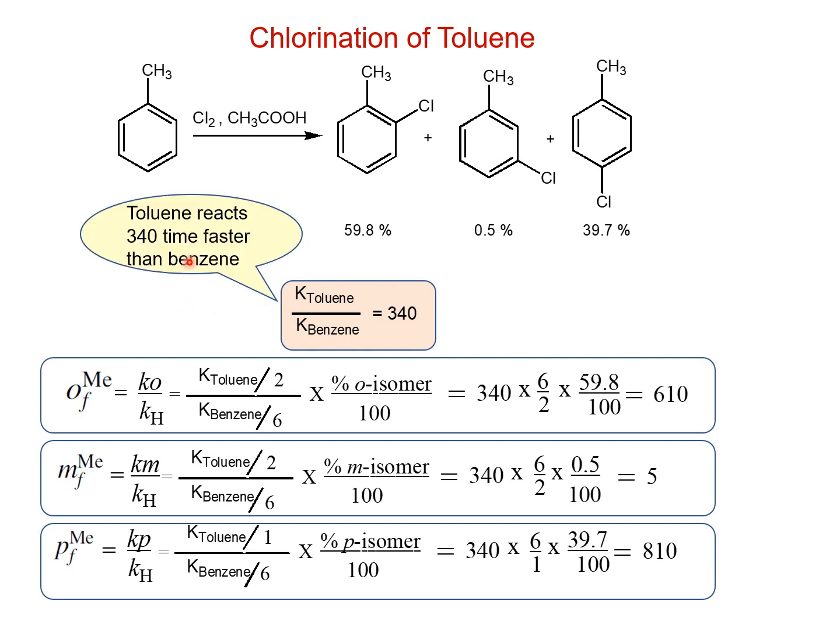That means toluene reacts 340 times faster than benzene in chlorination reaction. If we calculate the partial rate factor for ortho, meta and para position, we will find it as 610, 5 and 810 respectively.